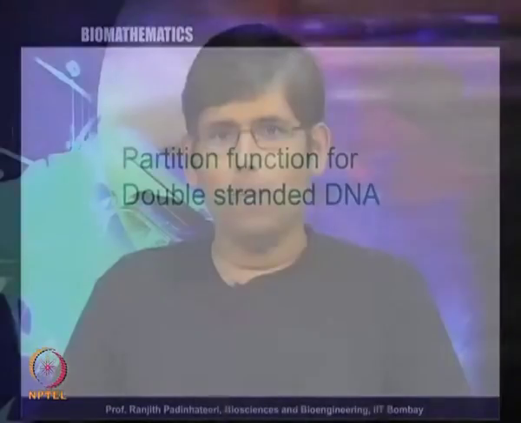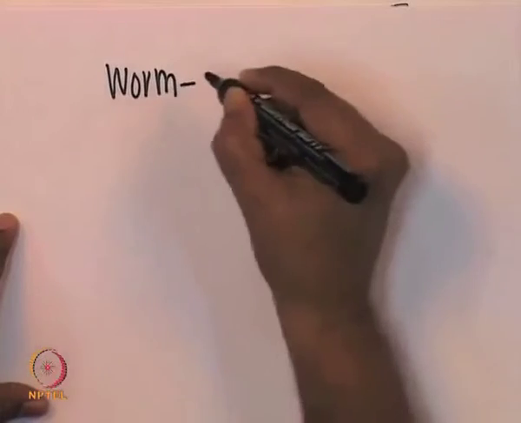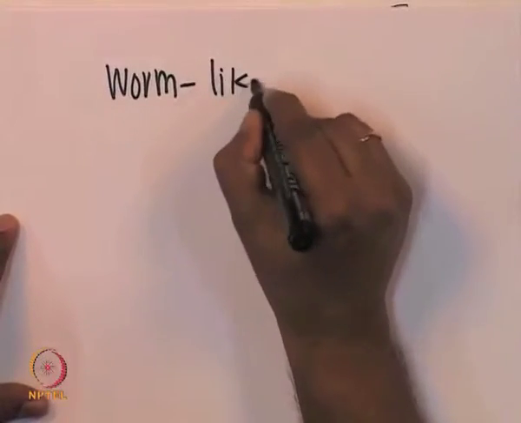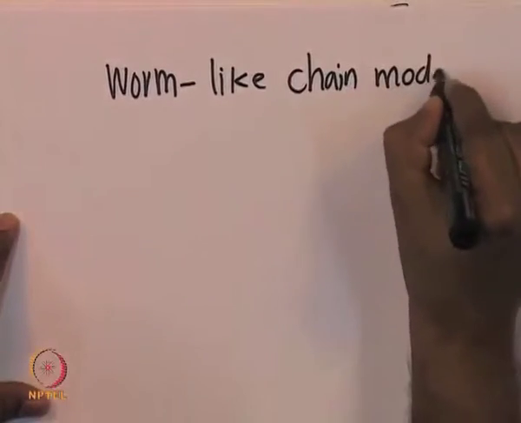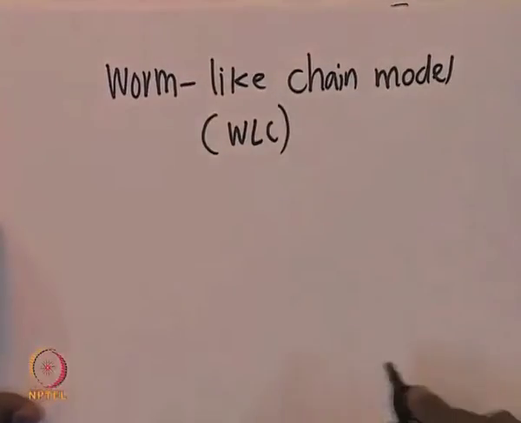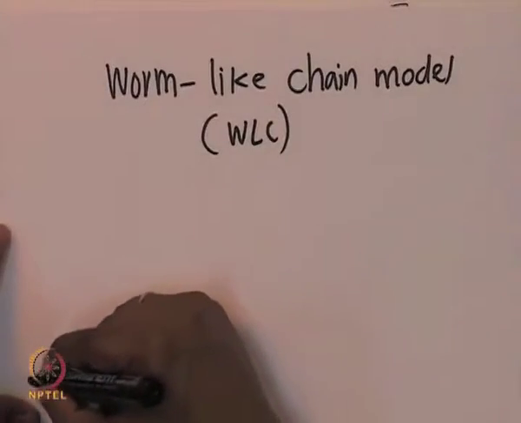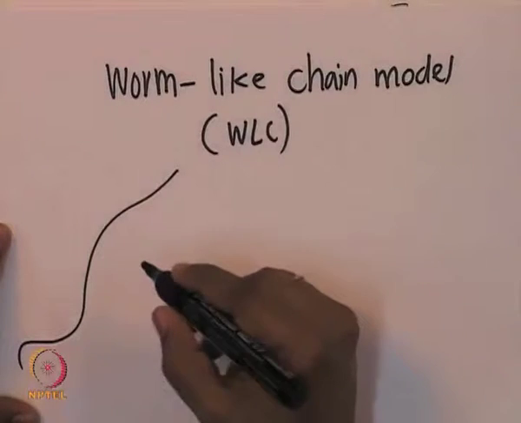There is a model for DNA known as the worm like chain model, in short WLC. In this model, DNA is thought of as an inextensible line with a bending energy.